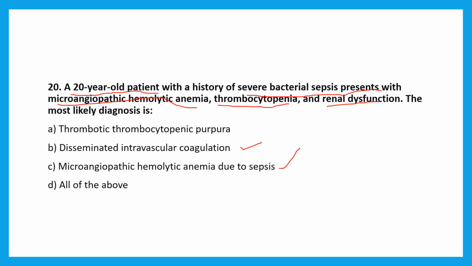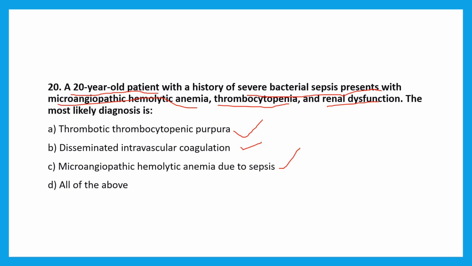And then the triad of microangiopathic hemolytic anemia, thrombocytopenia, and renal dysfunction is common to both disseminated intravascular coagulation and thrombotic thrombocytopenic purpura.